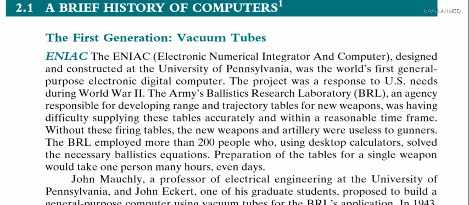Okay, so the first general purpose electronic digital computer was named ENIAC, Electronic Numerical Integrator and Computer. It was designed and constructed at the University of Pennsylvania, and basically it was a project of the US Army.